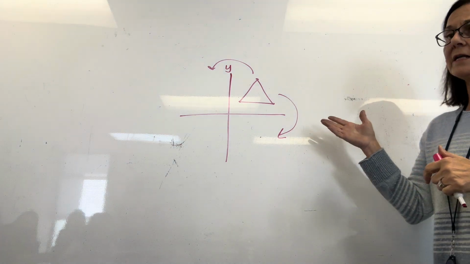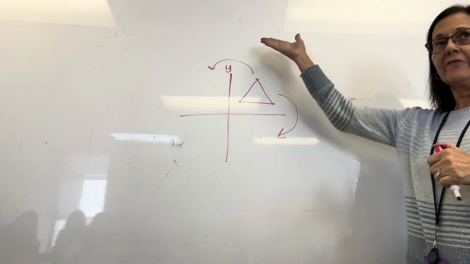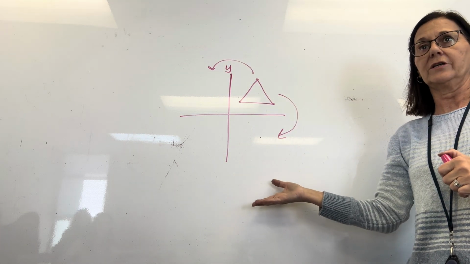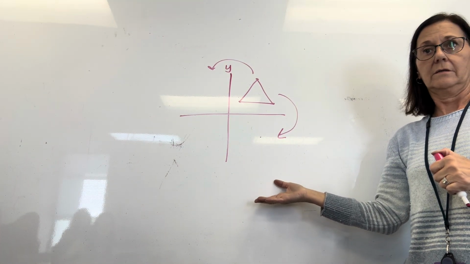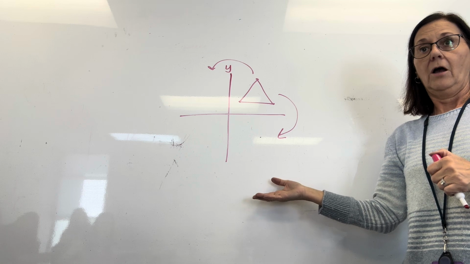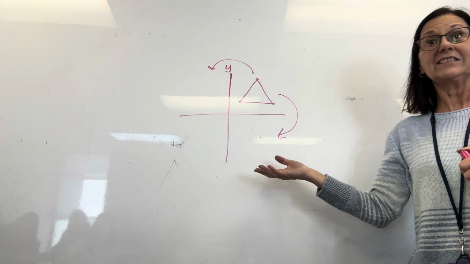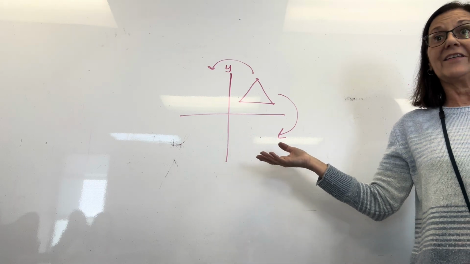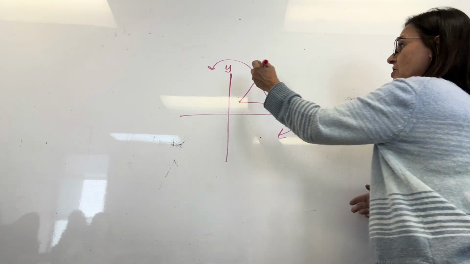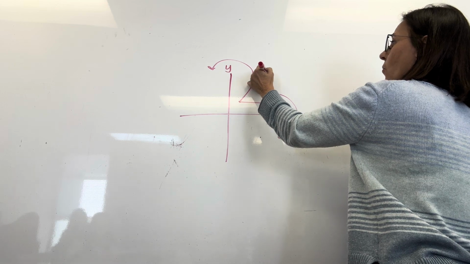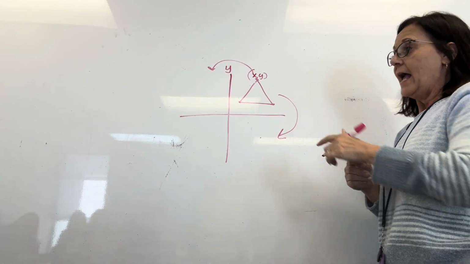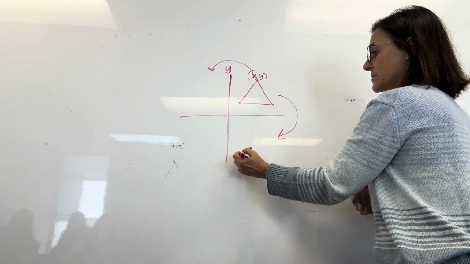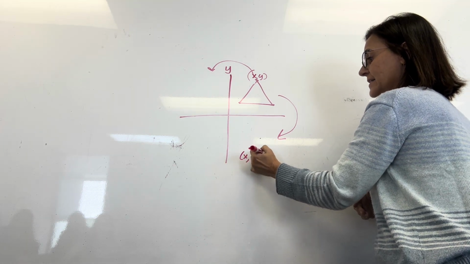How do the coordinates change when I reflect across the x-axis? What coordinate changes? The x doesn't change. The y becomes the negative of it. So if I have an x, y coordinate and I reflect it across the x-axis, this becomes x, negative y.